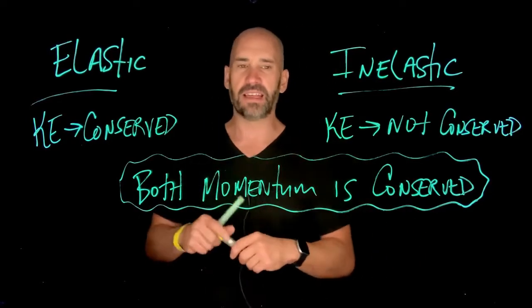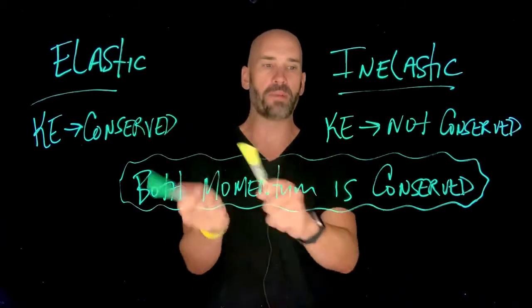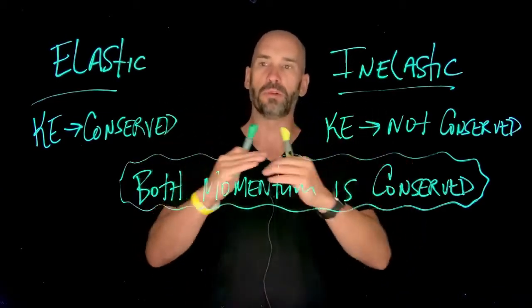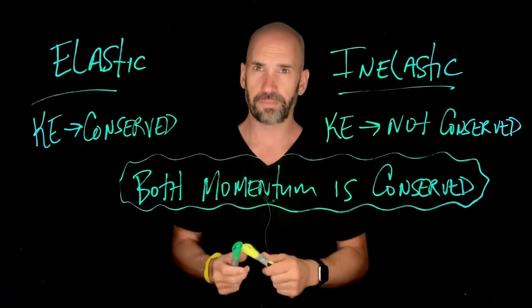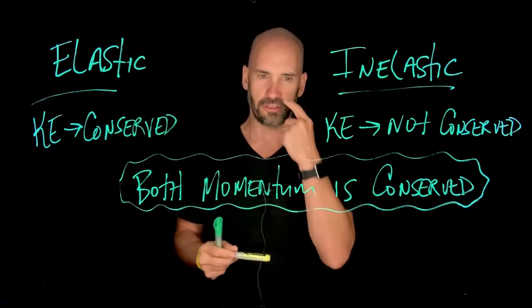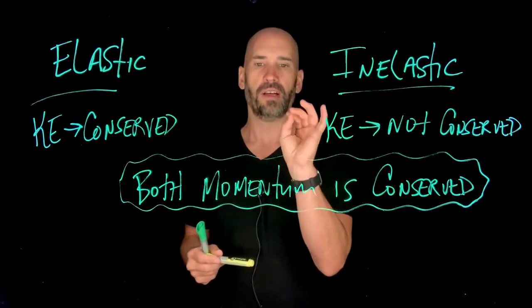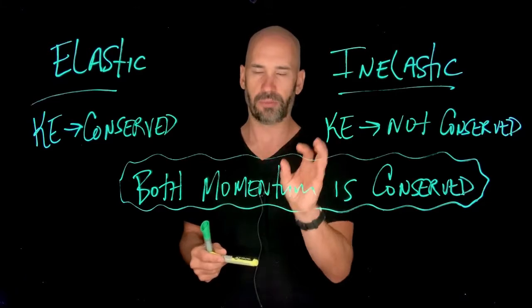And that's because no matter what kind of collision you have, momentum is still conserved, even if we do lose energy to the universe. That's kind of cool. It's kind of powerful. It lets us know that we're on solid ground when we're conserving momentum in a certain problem.